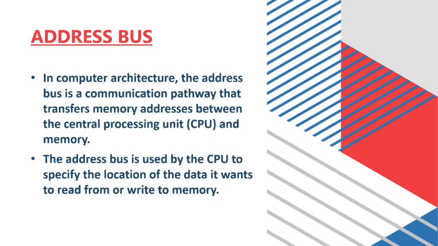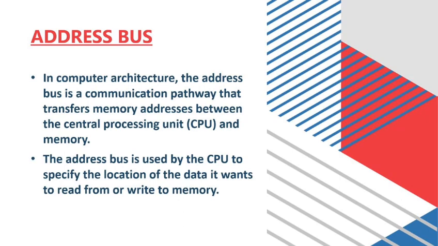The address bus plays a critical role in the computer's architecture as it enables the CPU to access and manipulate specific data stored in memory. The width of the address bus can have a significant impact on the amount of memory that can be addressed and thus on the performance of a computer.